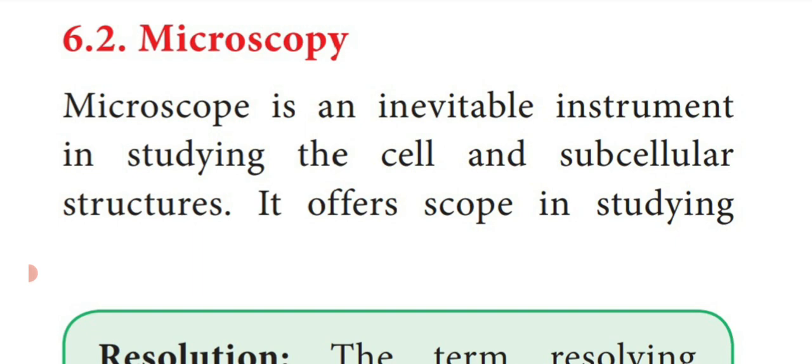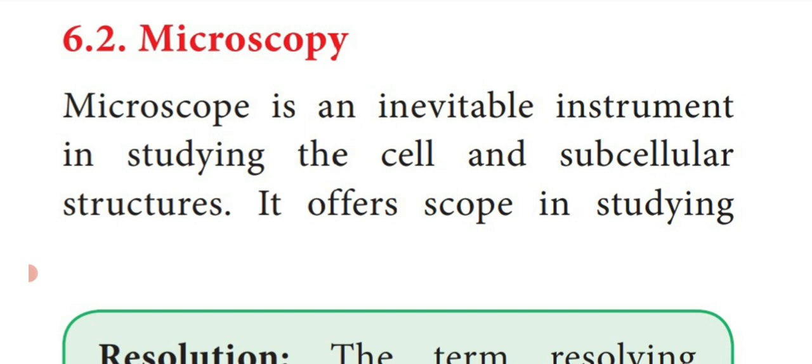This compound microscope transmits visible light from the source to the eye or camera through the sample where interaction takes place. That means if you place the object under the microscope, in the compound microscope we can see the object with the help of the lens near your eye. It is said to be the eye lens or camera.